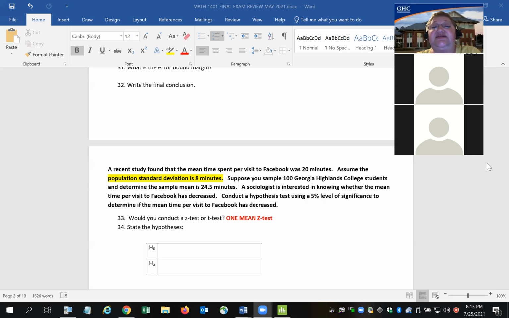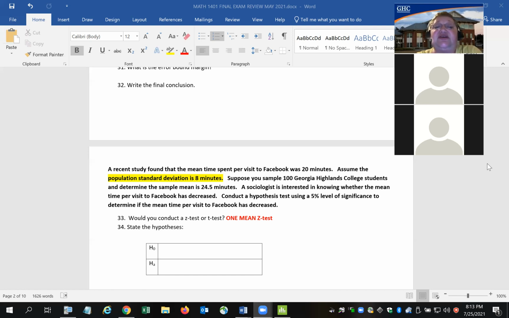A sociologist is interested in knowing whether the mean time per visit to Facebook has decreased. Conduct a hypothesis test using a 5% level of significance to determine if the mean time per visit to Facebook has decreased.